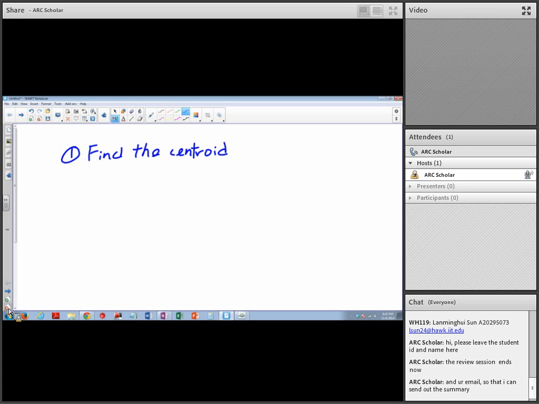So does everyone know how to find the centroid for any shape? Okay, I'll go through how to find the centroid.